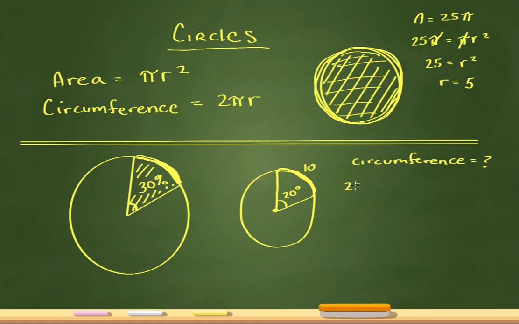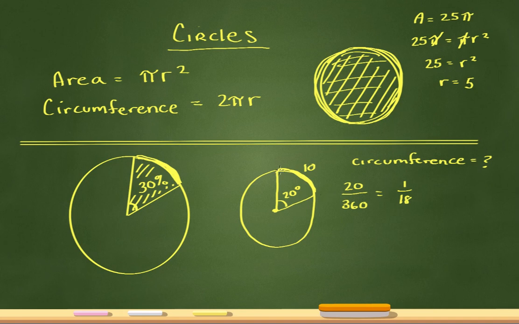So I want to know just exactly what part of the entire whole is that. So if I put 20 out of 360, that actually is 1/18th, right? Reduces to 1/18th of the entire circle. So if I think about this, what does that mean? That means that this slice is one slice out of a total of 18 slices that are just like it, right?